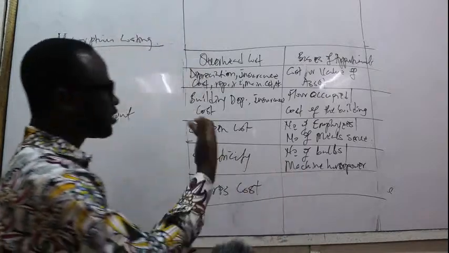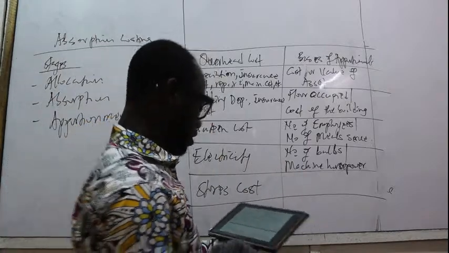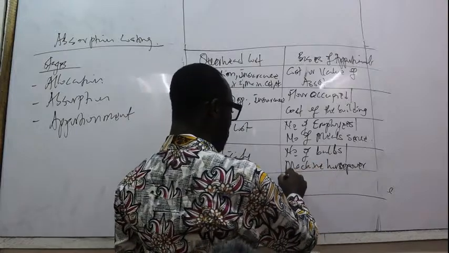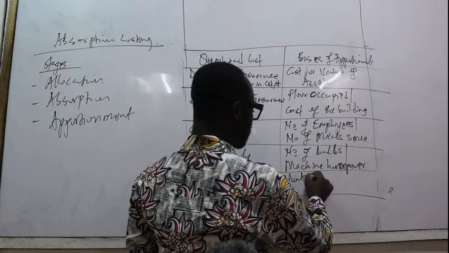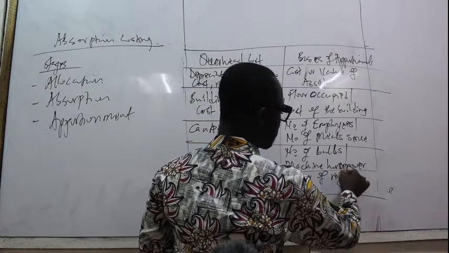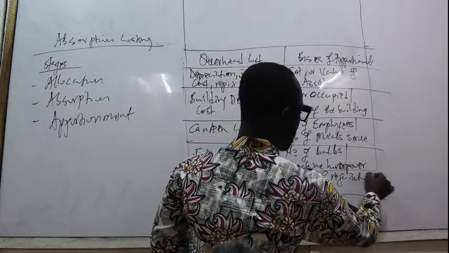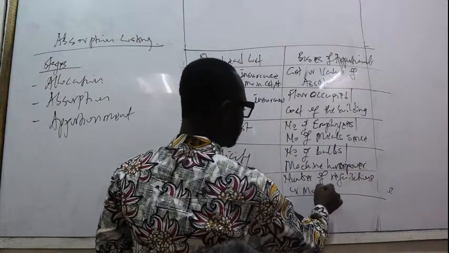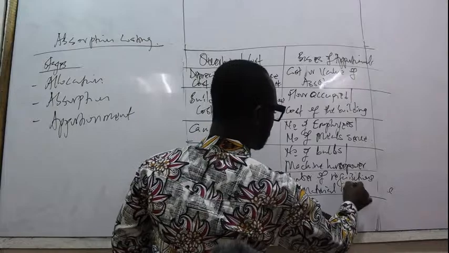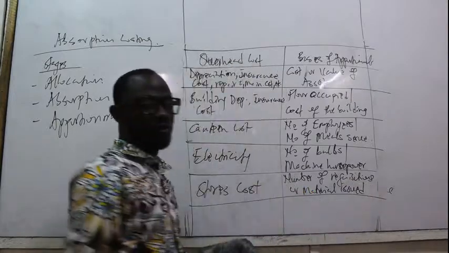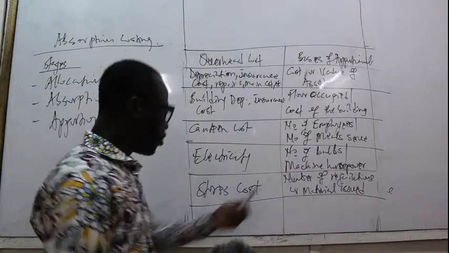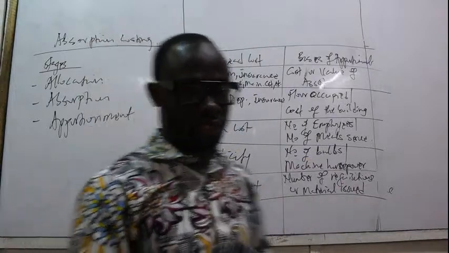We allocate the store cost using the number of requisitions or materials issued. Number of requisitions or materials issued. So that is also something that you need to understand there.